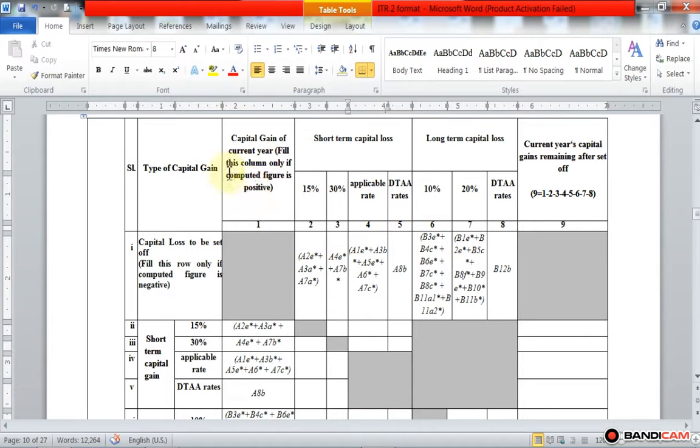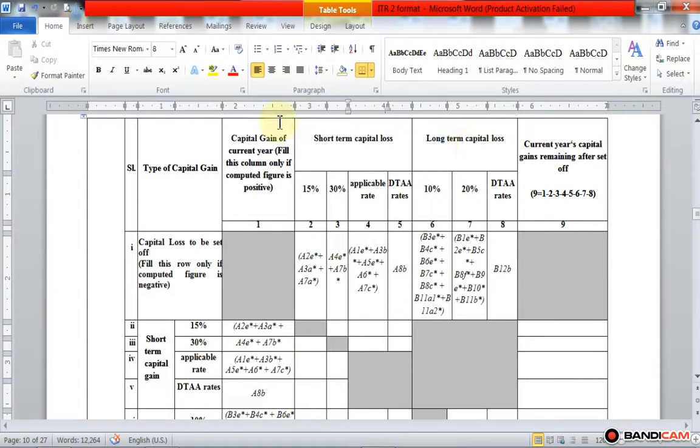So here, type of capital gain, then capital gain of current year. If we compute a capital gain of current year, then we consider the capital gain here. Capital loss should not be considered in column number one. Then short term capital loss and long term capital loss are taken into consideration here.